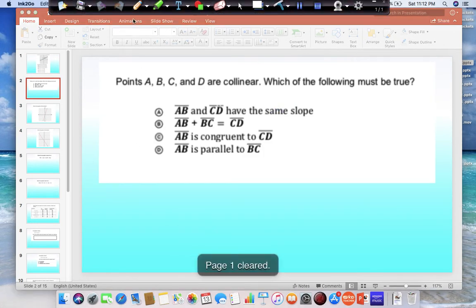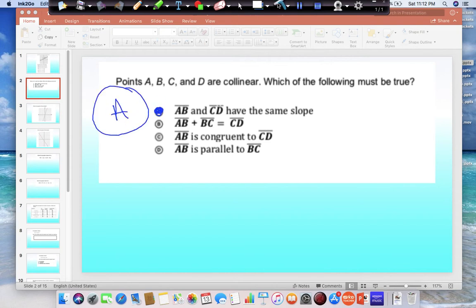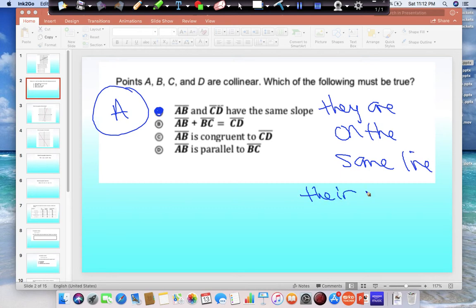So A is our answer. That is correct. Because they are on the same line, their slope is 1 over 2. Yay!